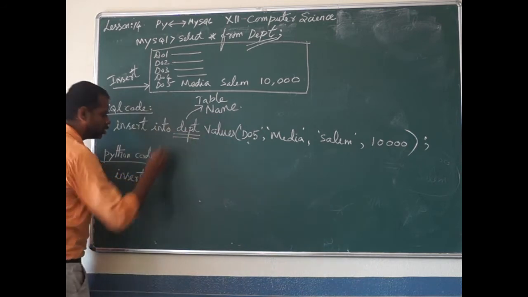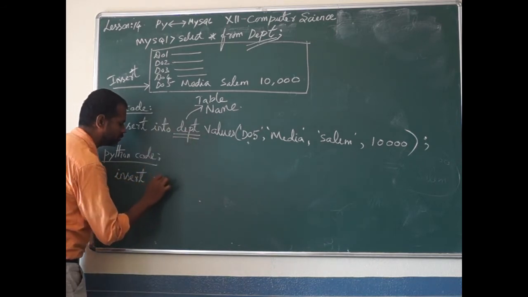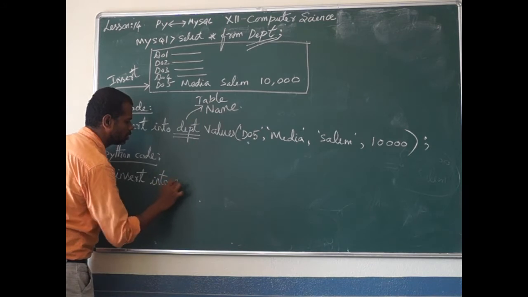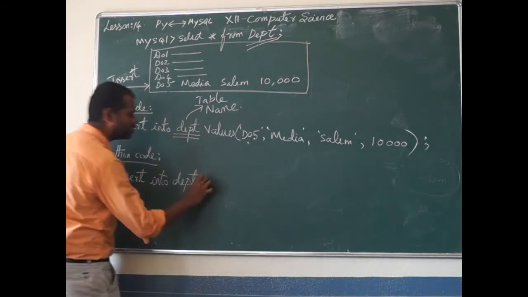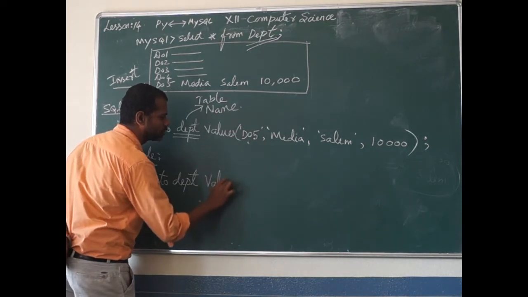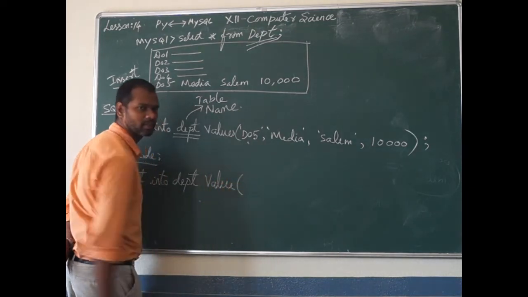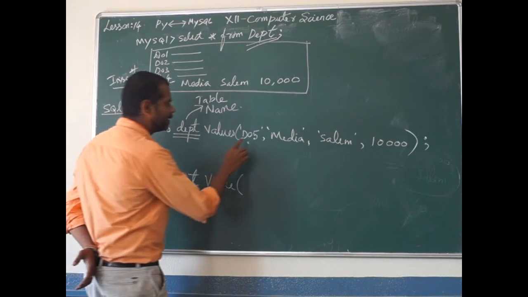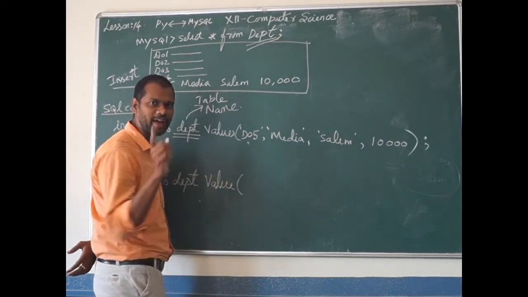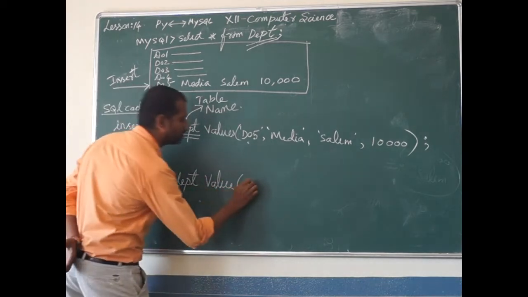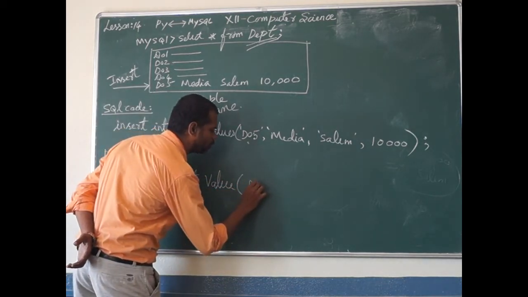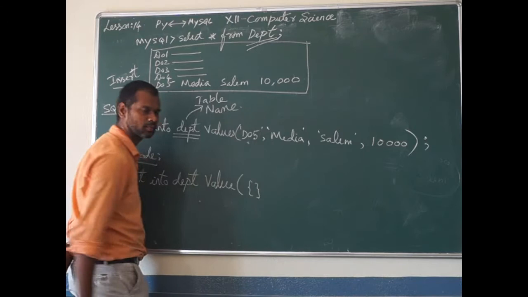Okay, then into dept, same, everything is same. Then values also same. Easy now? Okay, but here, this D05 is a string. So what you have to know, in Python, here you have to give one flower bracket open, flower bracket closed.